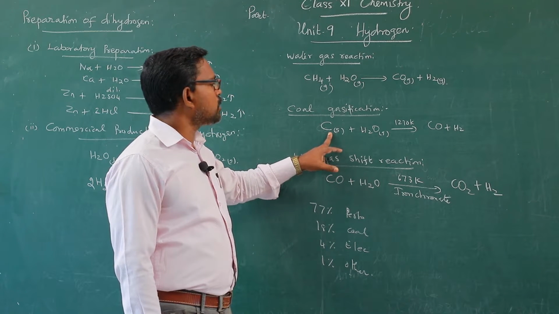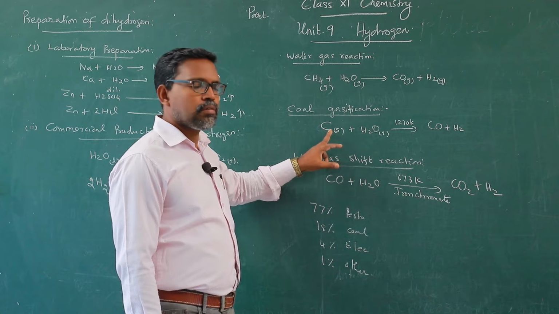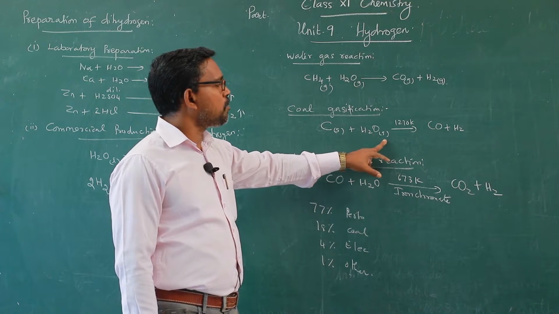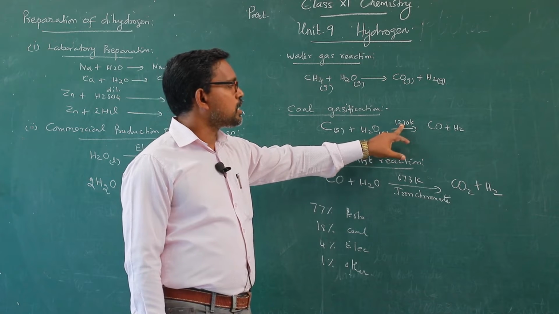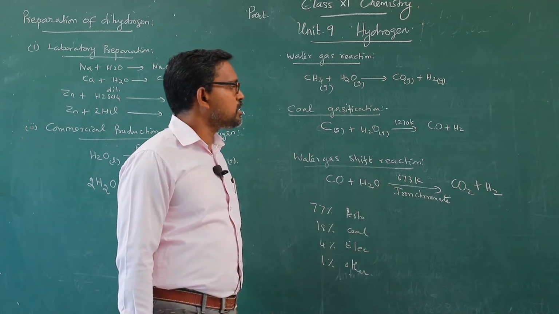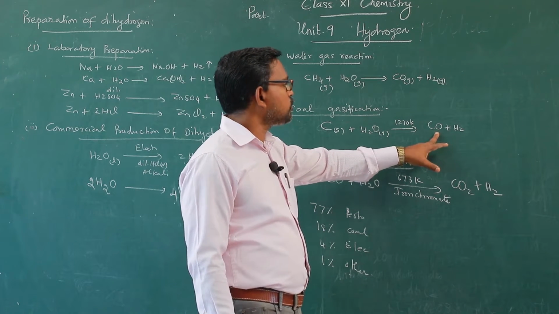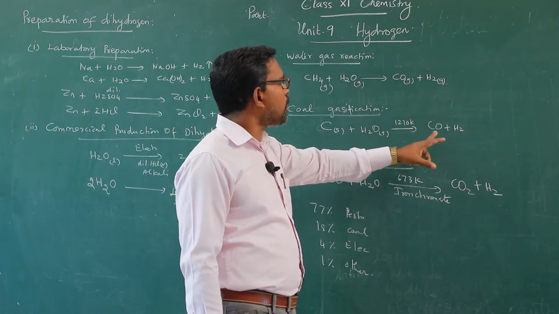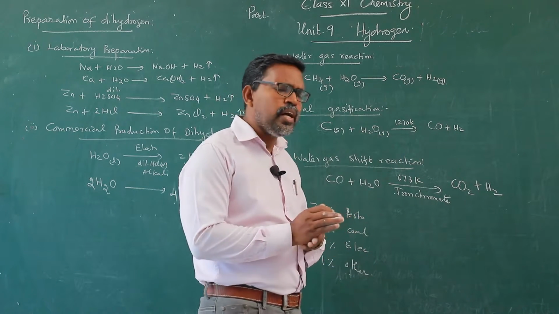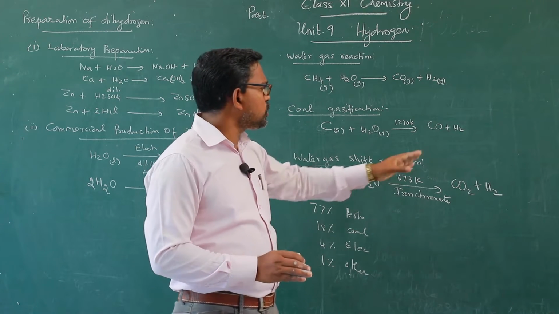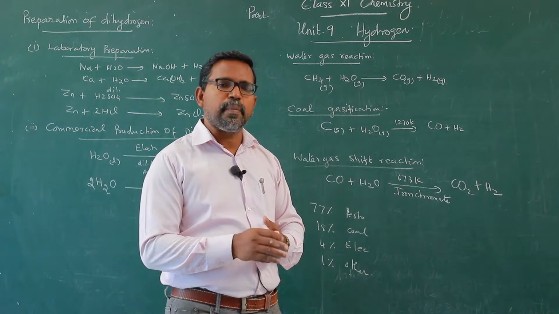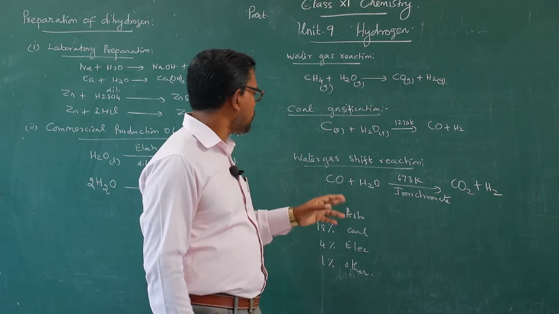Carbon, that is coal, is treated with steam at a temperature of 1270 Kelvin, and it provides carbon monoxide and hydrogen. The same water gas is obtained, and this method is also used to prepare large quantities of methanol.